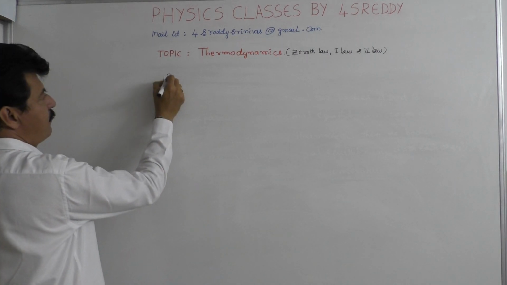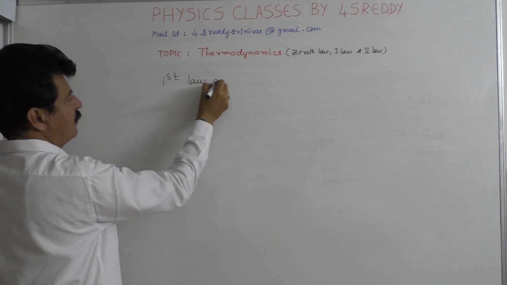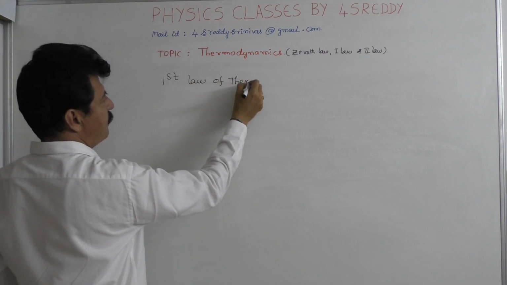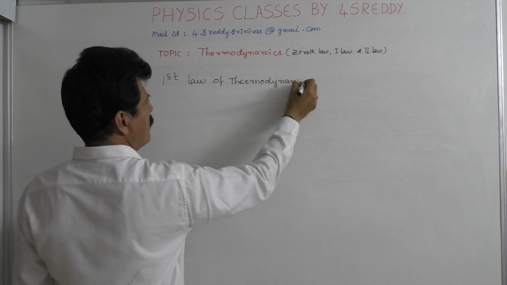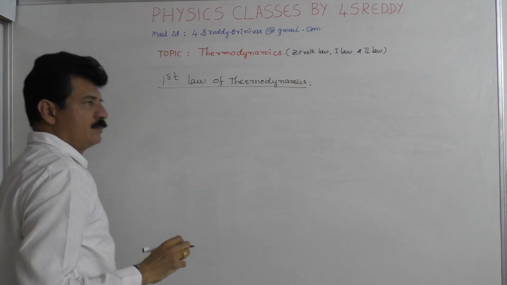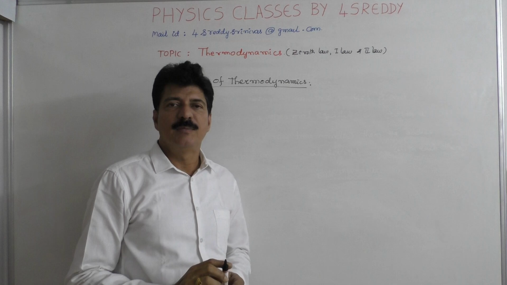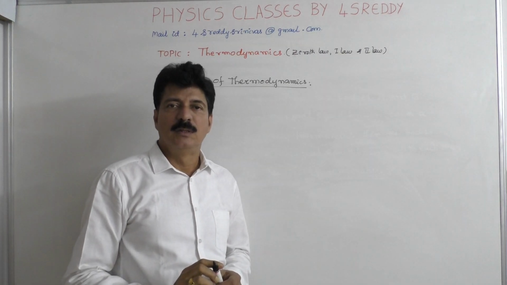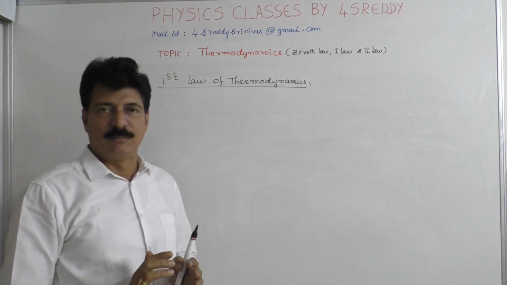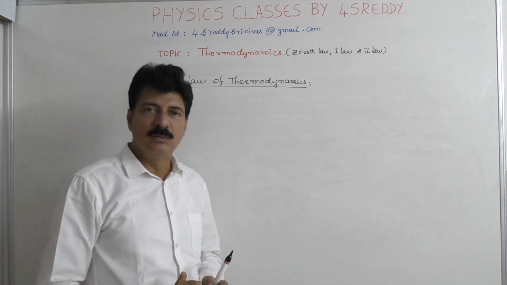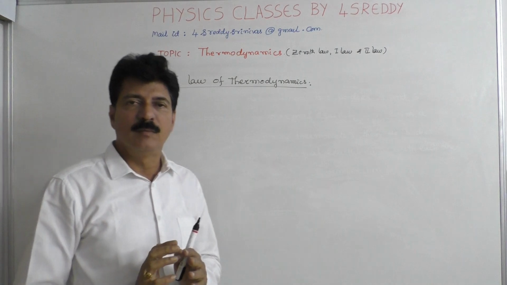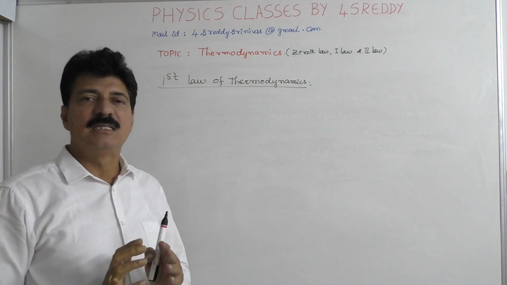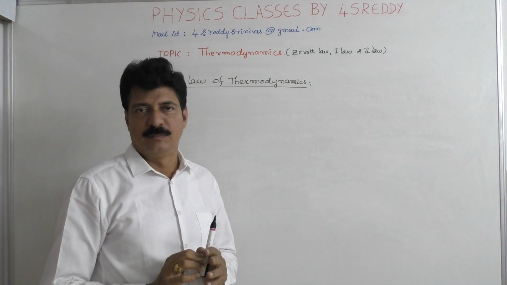The first law of thermodynamics. This first law of thermodynamics states that the heat supplied to a system is equal to the sum of the increase in internal energy and the external work done.